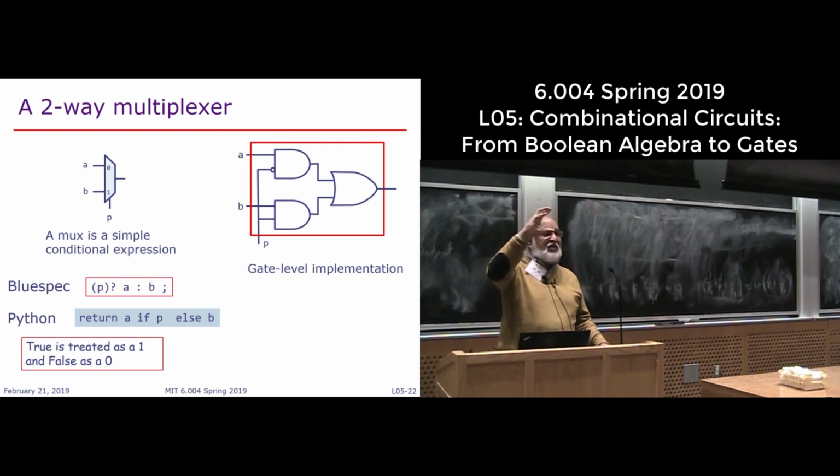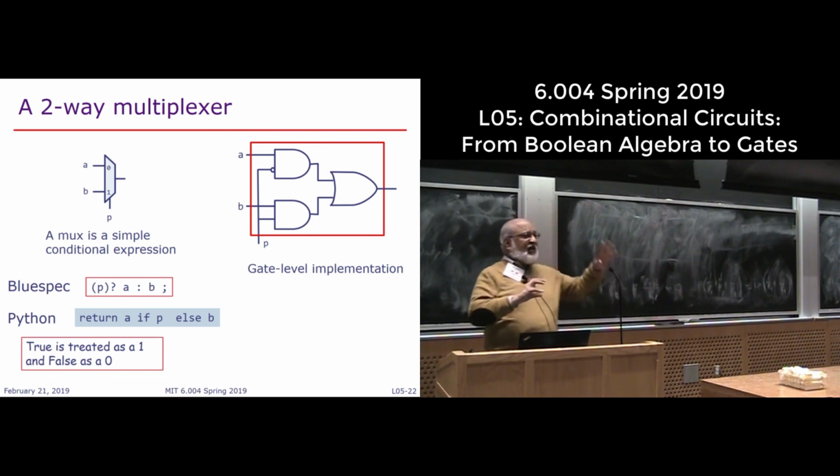Quickly, so how big is this circuit? I need this for every bit, right? Every bit of input. So if my inputs were 32 bits wide, the circuit has to be repeated 32 times. But the same predicate is being distributed. It's controlling all of them, right? So the input is only 1 bit, but it's connected to all 32 of them.